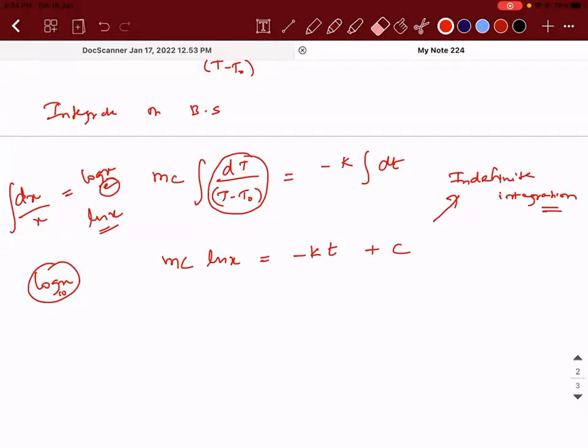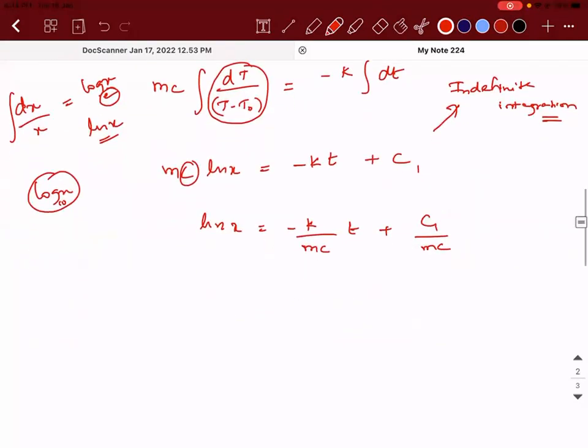I will call it c1 because there is already a c existing. So minus k divided by mc into t plus c1 divided by mc. So x will be equal to e power minus kt divided by mc plus c1 divided by mc.